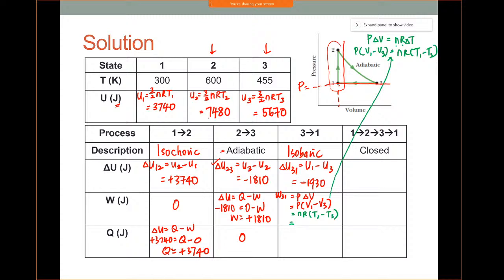So from there, our work done will be negative 1290. So from the values that we found, we can find our Q again.